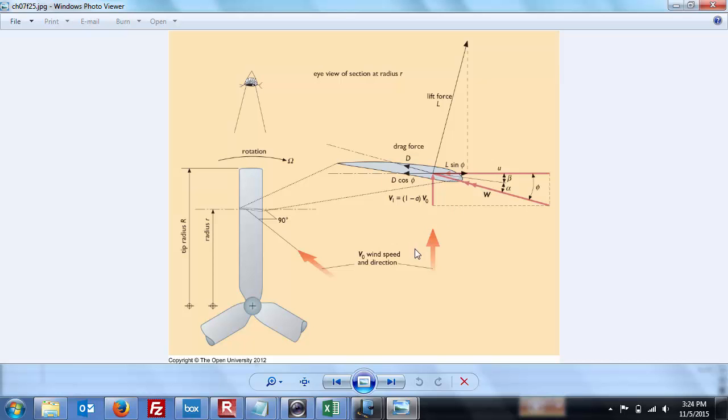Now, in this case, the wind is just labeled as V naught, and V naught is blowing towards the blade. Now, the confusing part about this is that the lift that we see here, this lift arrow, is not pointing up. It's pointing out.